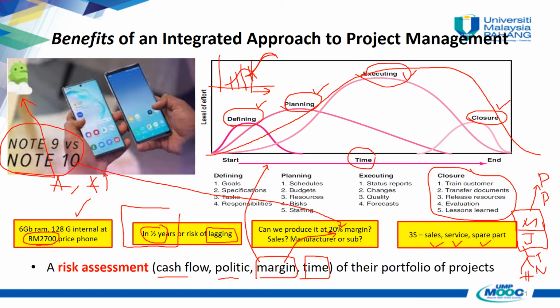People will buy your product. When people buy your product, then you can utilize your product life cycle better. This is what I call risk assessment: how to control the cash flow, quality, margin and time of your project portfolio.